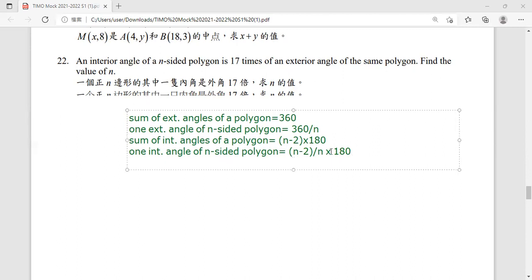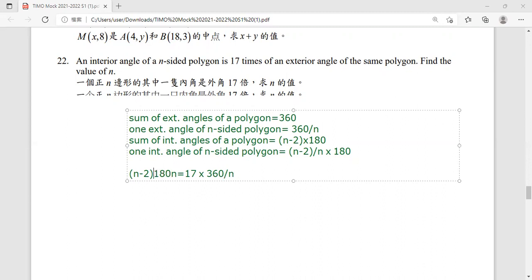And then you equate these two. Now this is 7 times 4 over n equal to 70 times 360 over n.